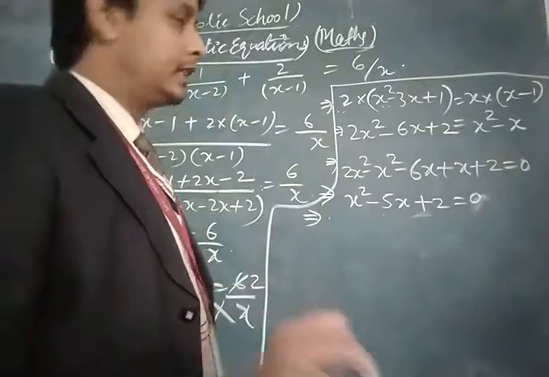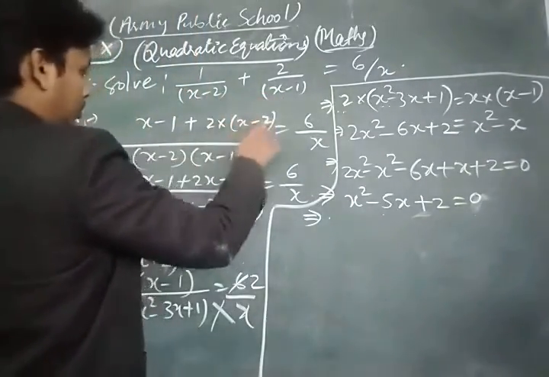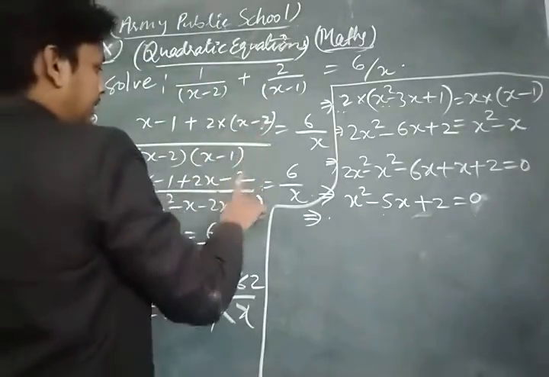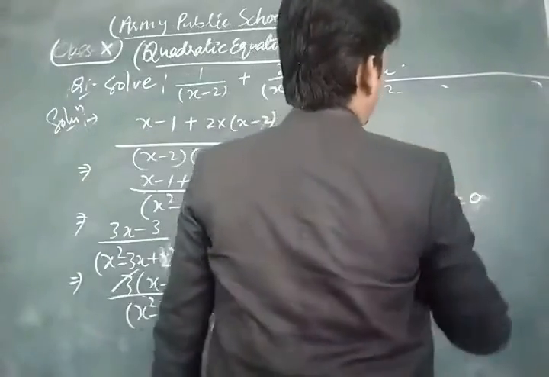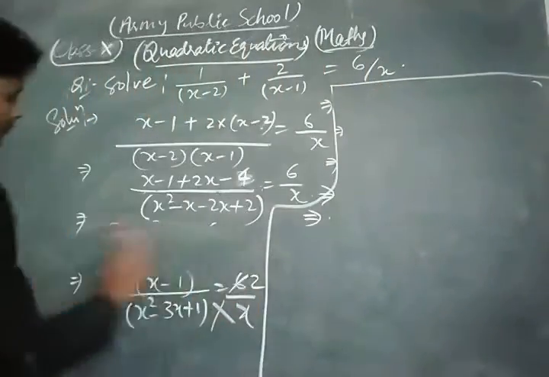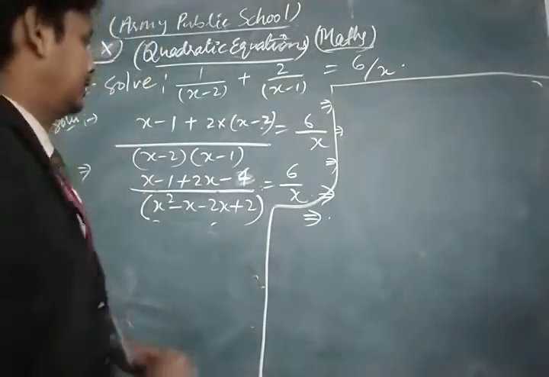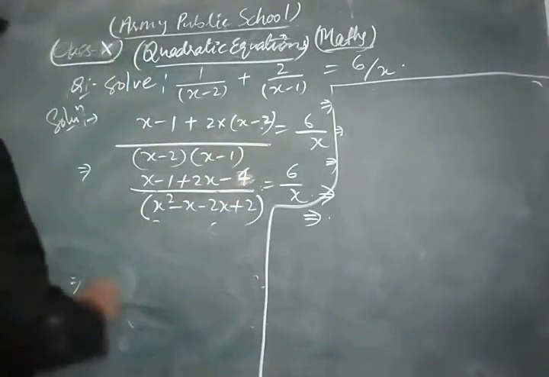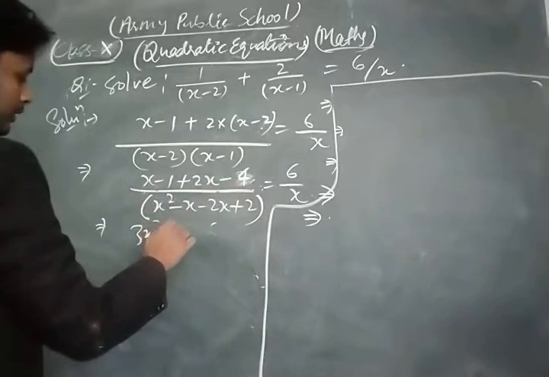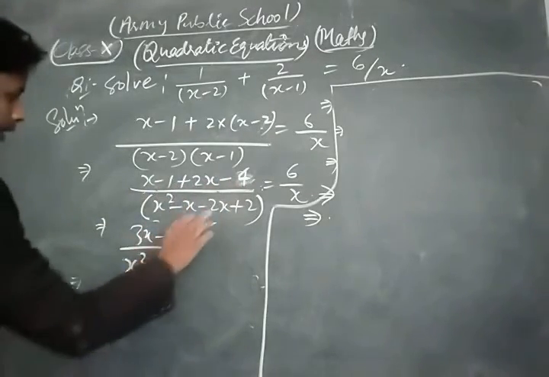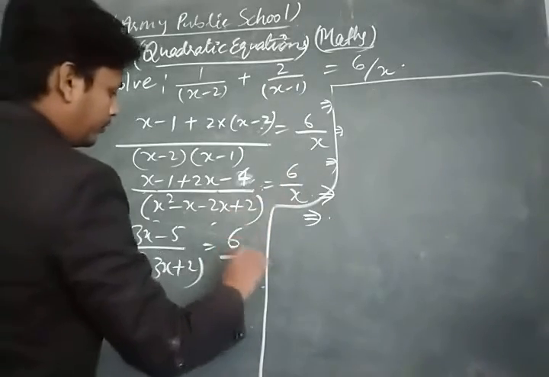Oh, there is one mistake here. One x minus 1 is there, and x minus 2 is left, dear students. So here one mistake is there. This is 2, now the 2 and the 4 are left here. So we have 3x minus 3, 4 1 4 1, that is minus 5, upon x square minus 3x plus 2 is equal to 6 upon x.